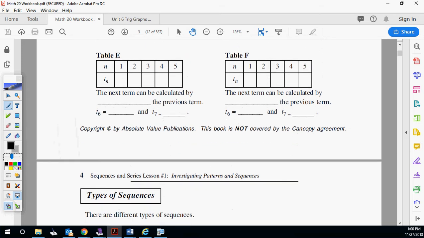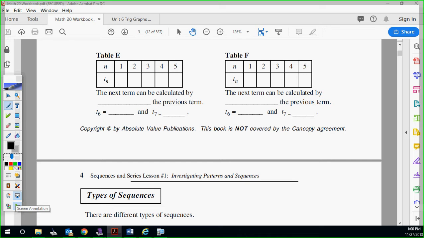And the last two tables we had, table E. Riley, what's table E? What was that one? 1, 5, 9. Okay. So the next term can be calculated by, right, adding 4 to the previous term, so then 21 and 25.